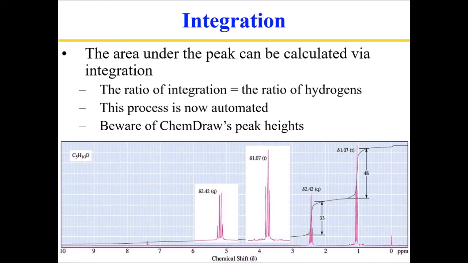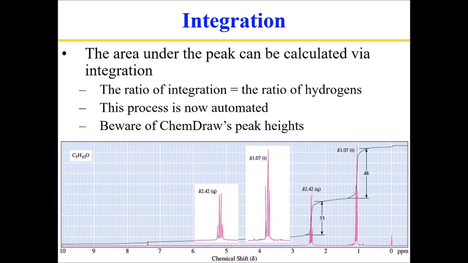I told you before about how you have a line that traces the sum of integration values, and if you draw a double-headed arrow that extends from the bottom of where the line flattens out when you start to where the line flattens out when you end, and then measure that in some linear unit like millimeters right here, then you should be able to look at this numerical value, 33, compare it with the other numerical value, and approximate the whole numbers that this rounds to.